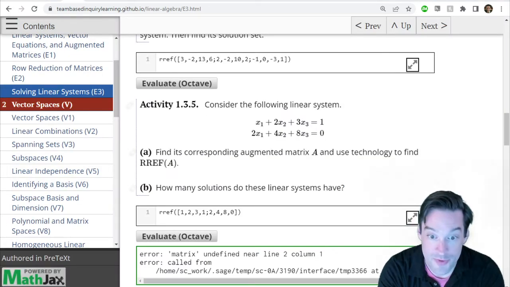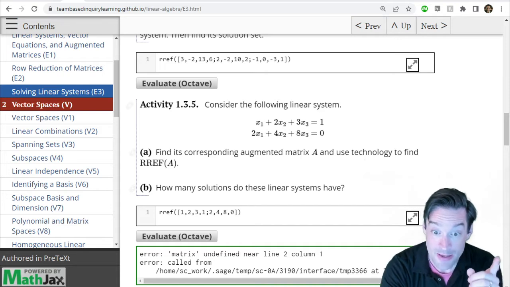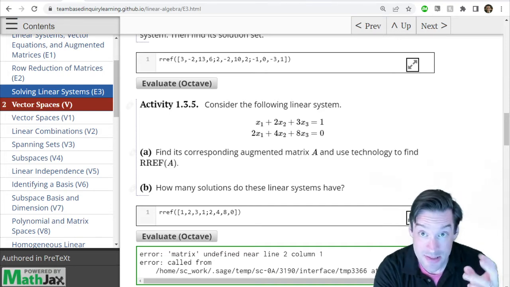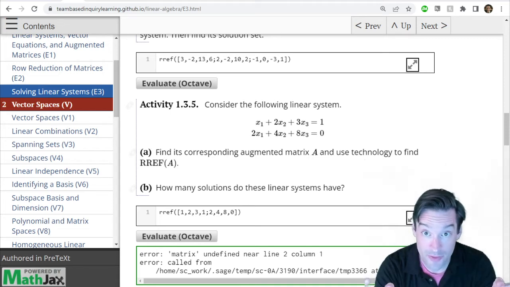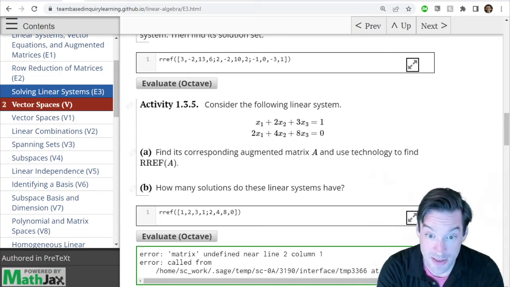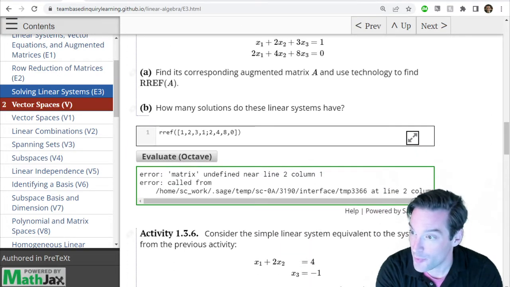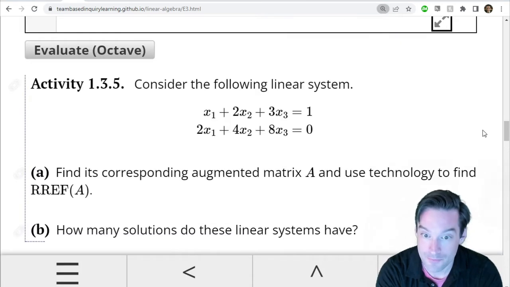So if you're using the Sage cells that are part of the textbook, they use a special language in Sage called Octave that is a little bit more streamlined than the full Sage language that I was putting on display before. And so for that, if you want to find the reduced row echelon form of a matrix, just zoom in on this a little bit so we can see it better.